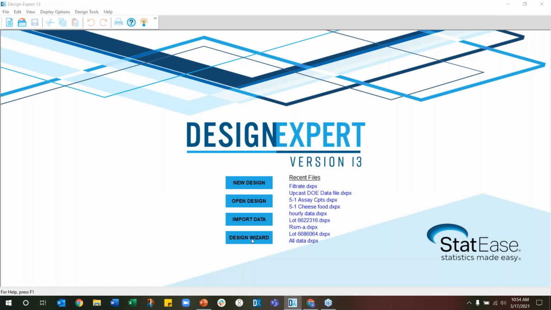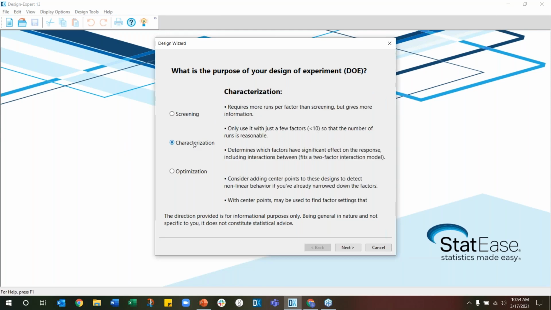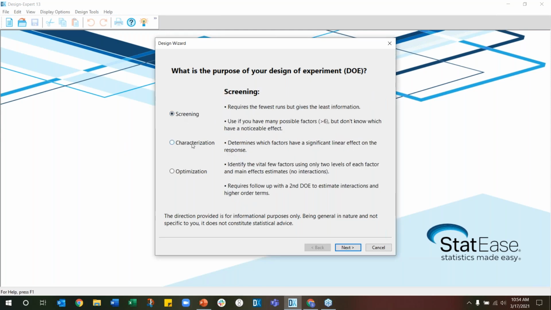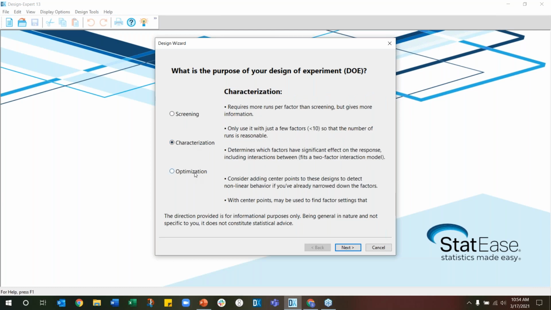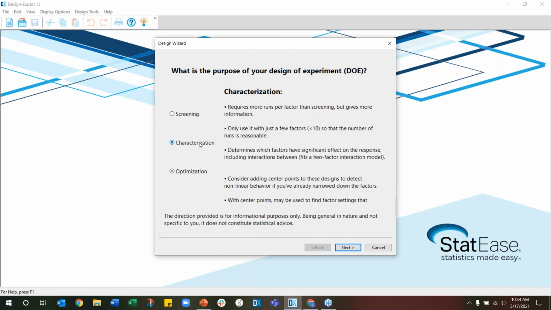This wizard will help you make that decision. It asks, what is the purpose of your design? If you're not sure what these mean, just click on them, read the information, and decide what you can do.